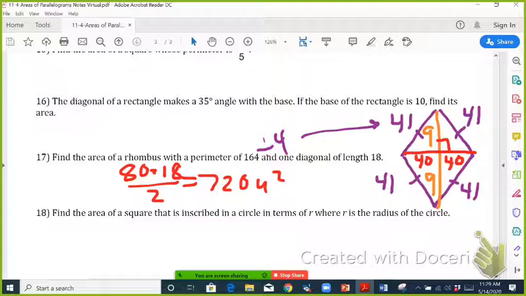The other diagonal has to be 80 because this creates a right triangle. If you do the Pythagorean theorem, 9 squared plus x squared is 41 squared, you get that this other part is 40. So if you have that whole diagonal, you get 80, and the other whole diagonal is 18. Multiply them together, divide by 2, and you get 720.